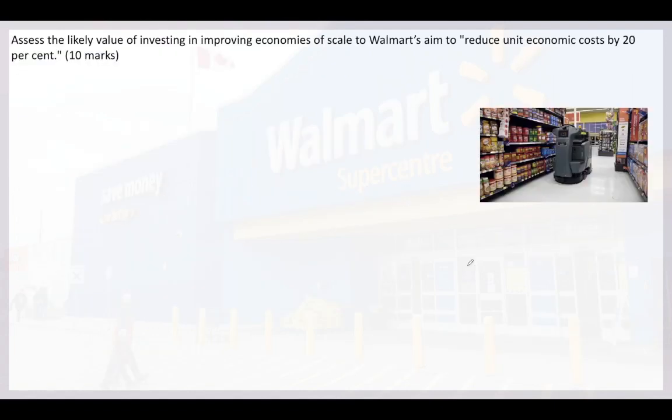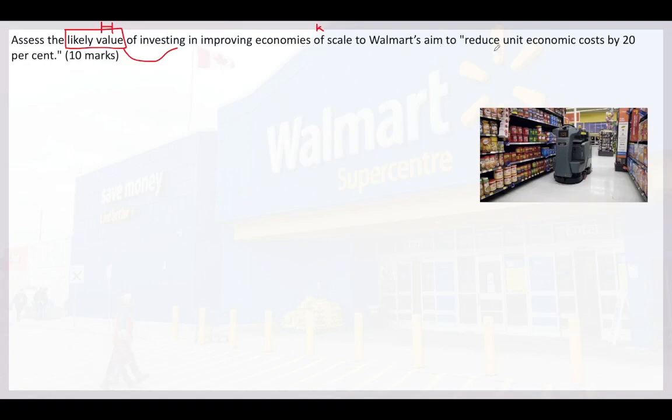So looking at the question, let's have a quick look at this one. So we've got likely value is going to be the first part of our hook. So we'll put a H next to that. We'll do this again in a sec. Of investing in improving economies of scale. Obviously this is our knowledge, and because it's investing in improving it, that's what we're going to be looking for in the case study.